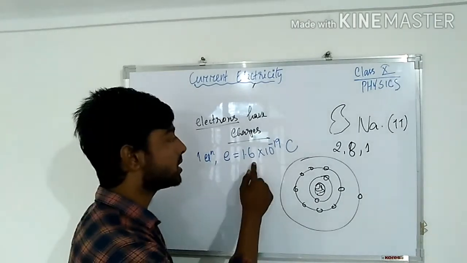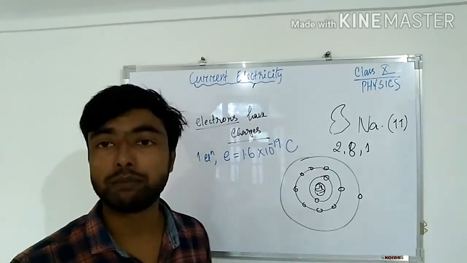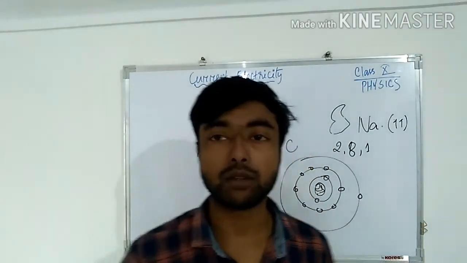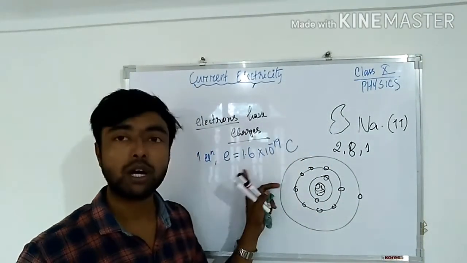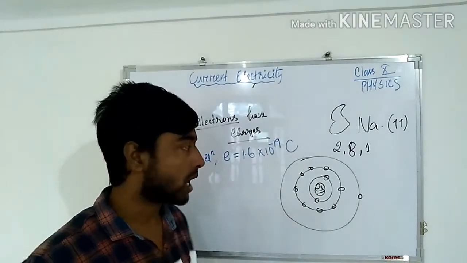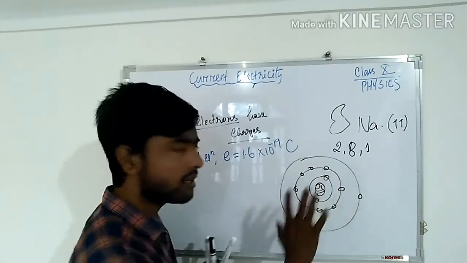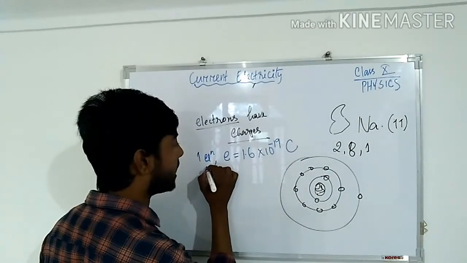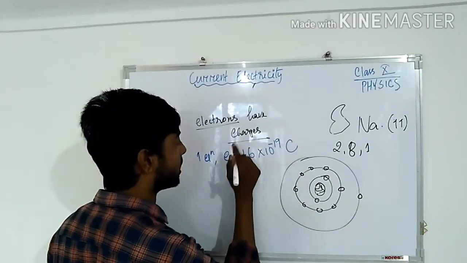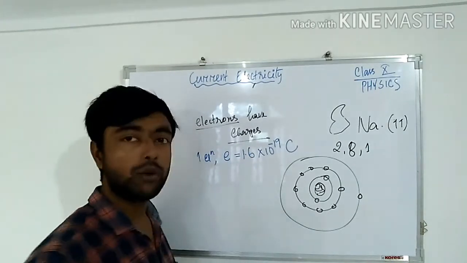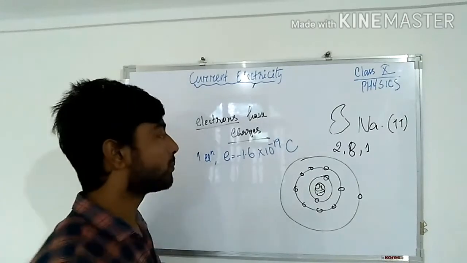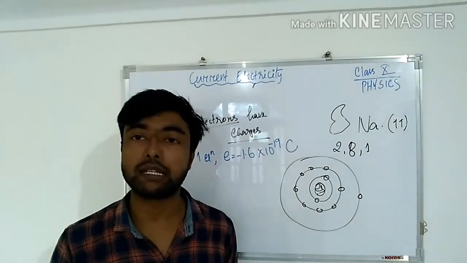That is the amount of charge that 1 electron has. And you have to remember that the electron has negative charge. So the electron has a charge of minus 1.6 into 10 to the power minus 19 coulomb.